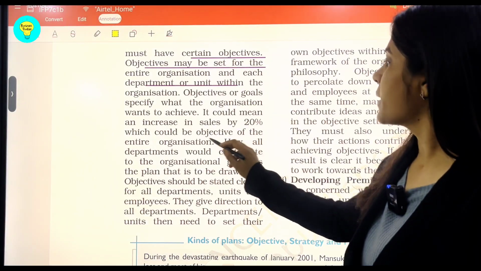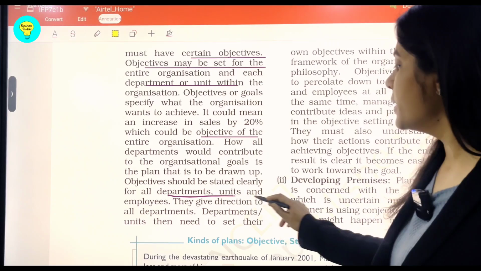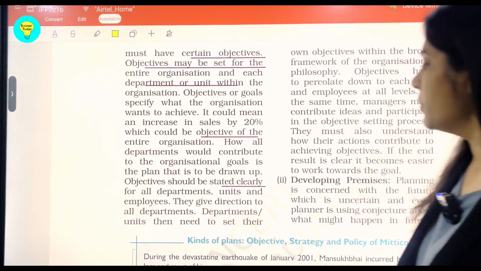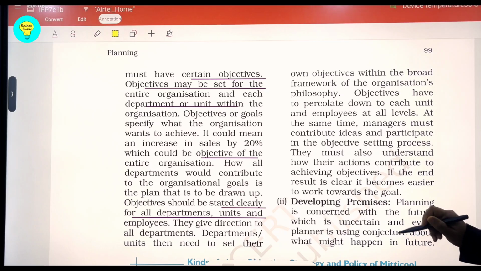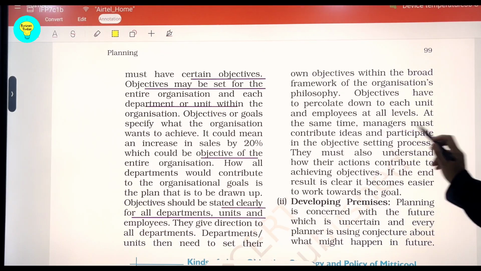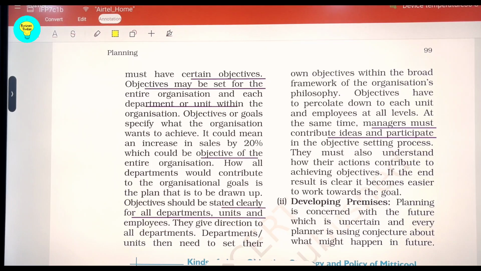These objectives must be clearly defined to all the departments, units and the employees working under them, so as to make them attainable, and the managers must contribute ideas and participate in this process of objective setting. These objectives have to be understandable and achievable, clearly fit in the minds of all the persons working behind.